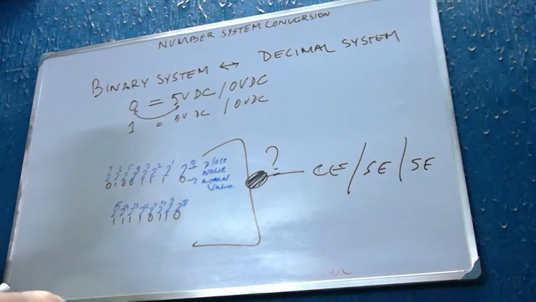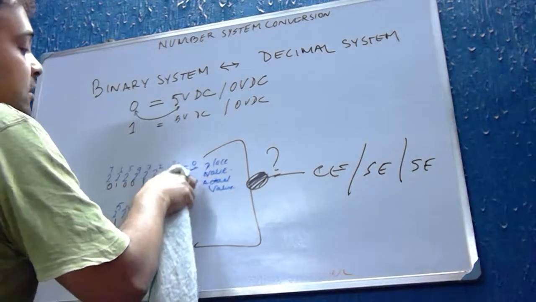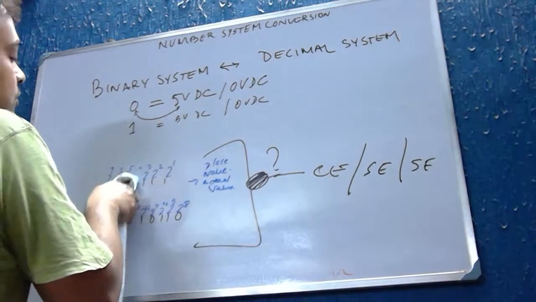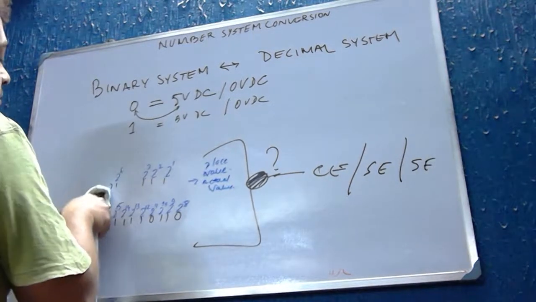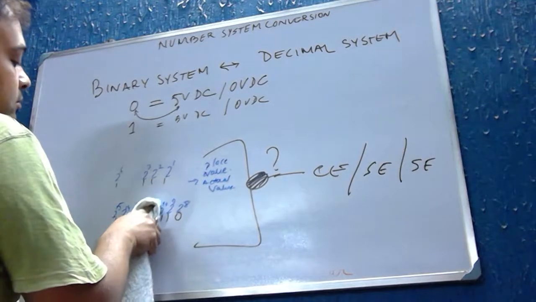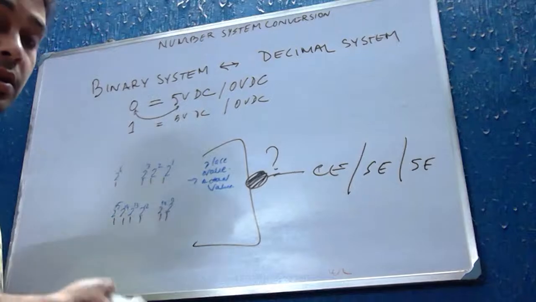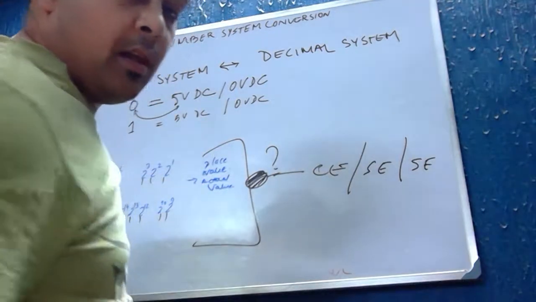So first you remove this one, you remove these two, you remove this one, you remove this one, and remove this one. So that eases your problem, right?